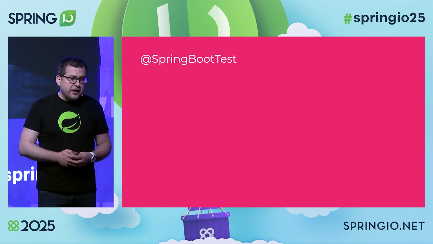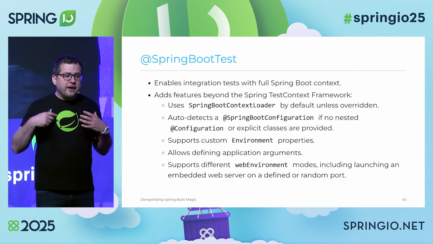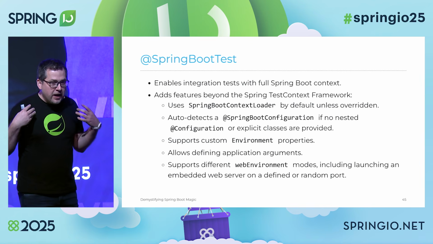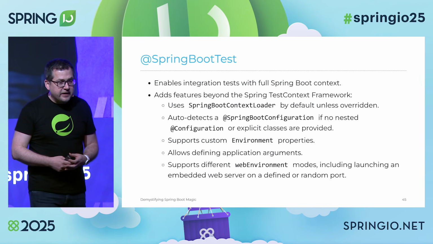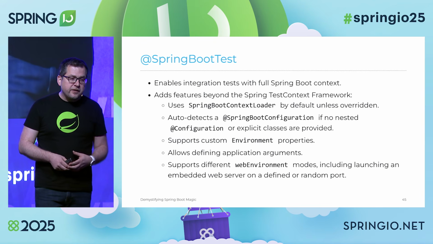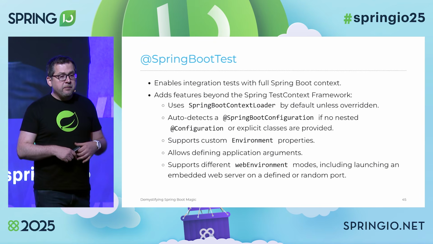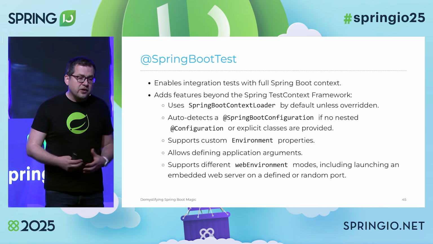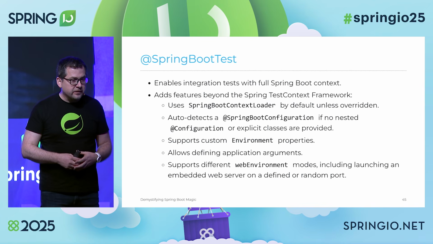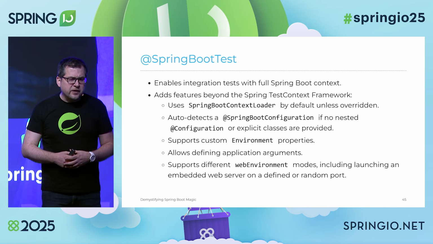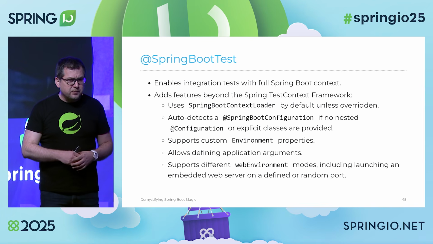And of course, if you think of testing, there is actually also a lot of magic going on behind the scenes. Because if you're starting your Spring Boot test, you are actually also starting the context of your Spring Boot application. And I'm not saying you should use this annotation on all your test classes, because it makes your tests quite slow.